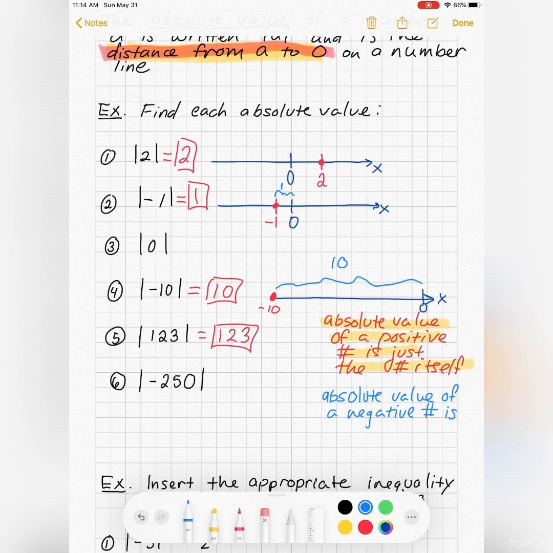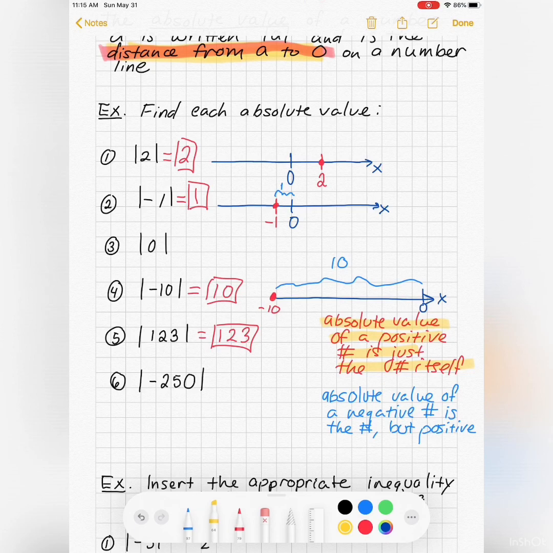The absolute value of -10 is +10. So I want to say something like the absolute value of a negative number is the number, but positive. Okay, so in other words, if I have a negative number inside of an absolute value, the result will just be that number, but positive, right?